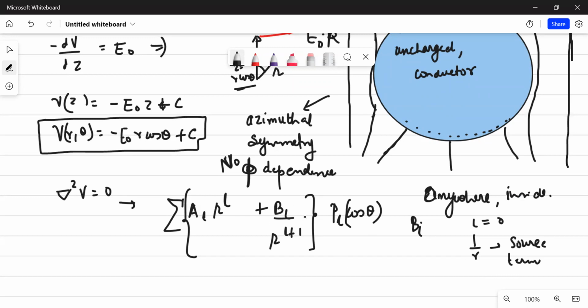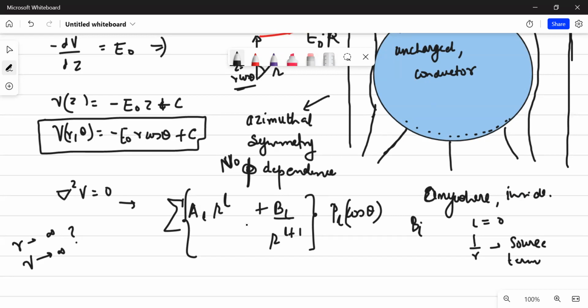Okay, but outside, now understand, my potential is not becoming 0 as R tends to infinity. In fact, you can see that as R tends to infinity, my potential is going to infinity. So in this case, we have to be certainly cautious.